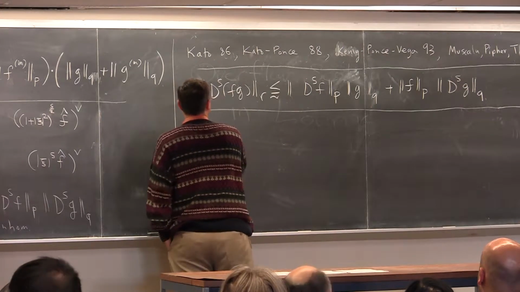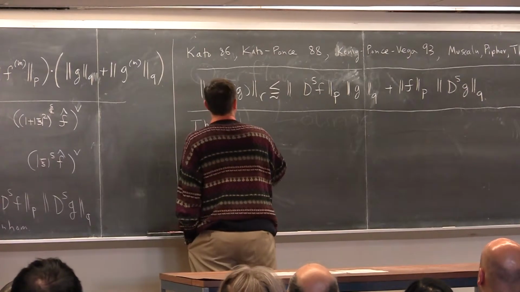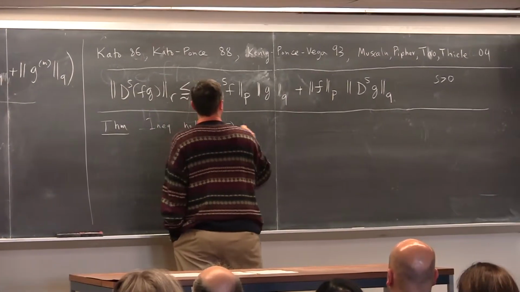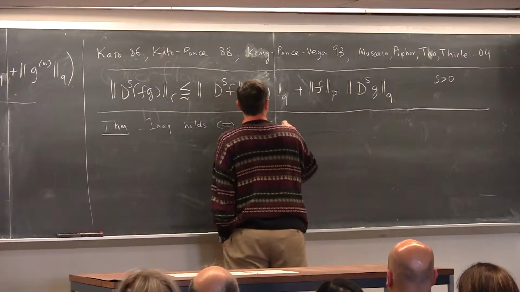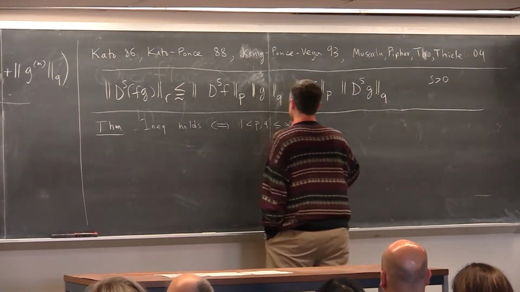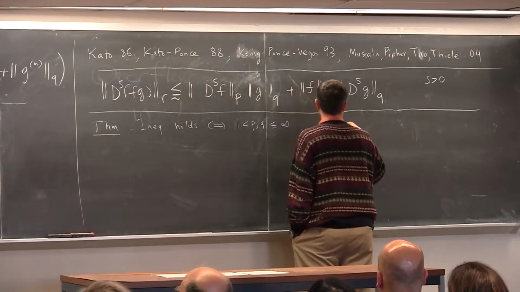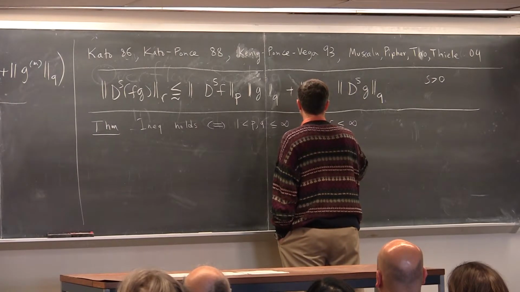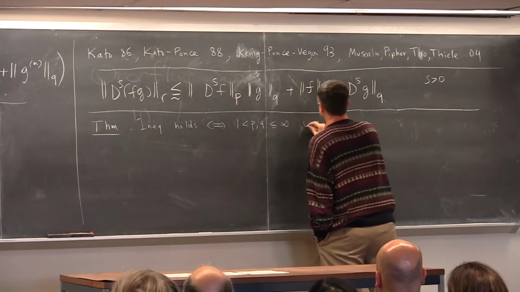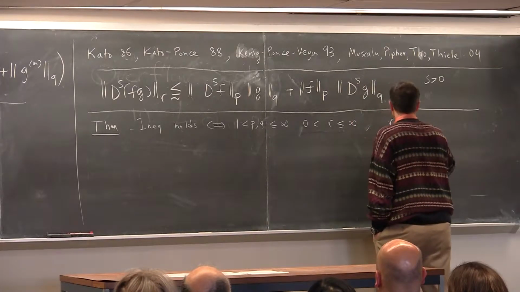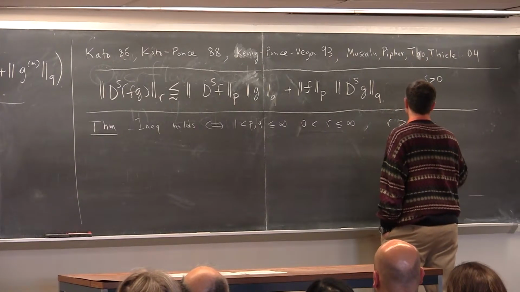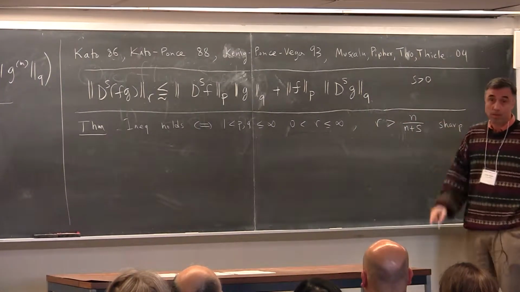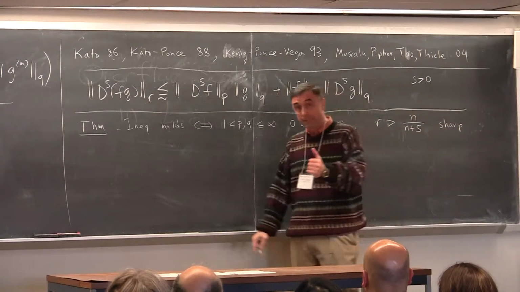So the theorem is that this inequality holds if and only if you have P, Q, R between 1 and infinity, and R less than infinity, and R has to be bigger than n over n plus s. And this is sharp. So you see this is a number that's less than 1, and it's sharp. It's not true if it's less than this number.